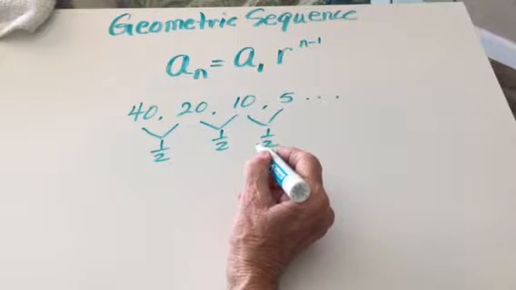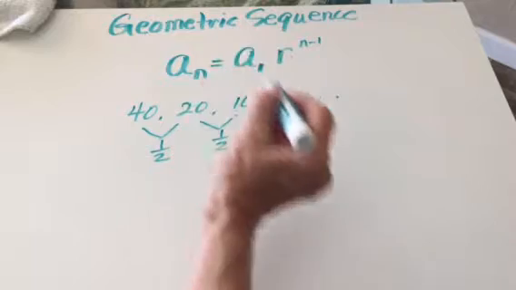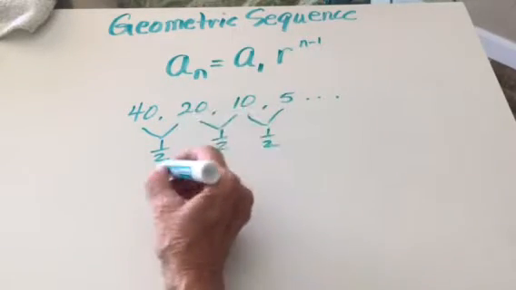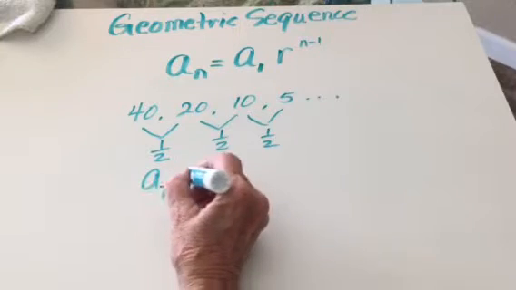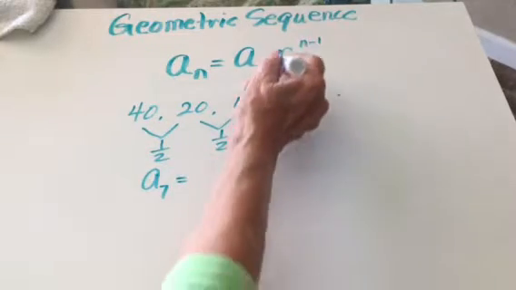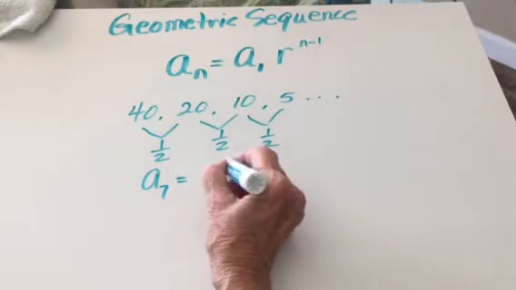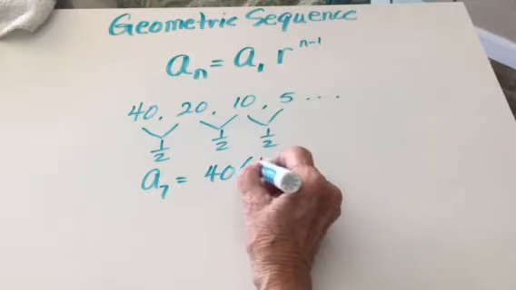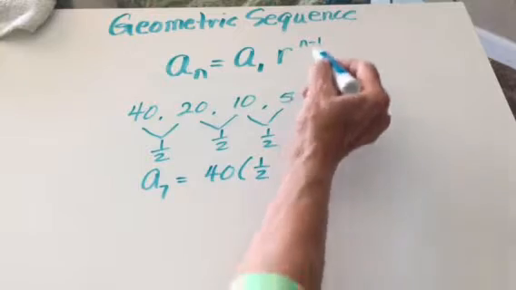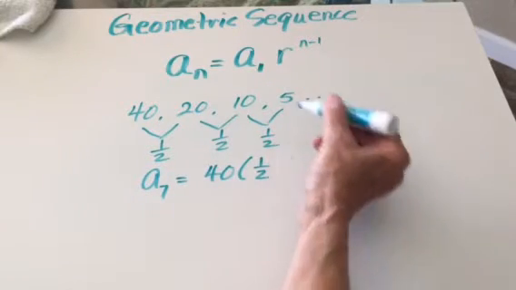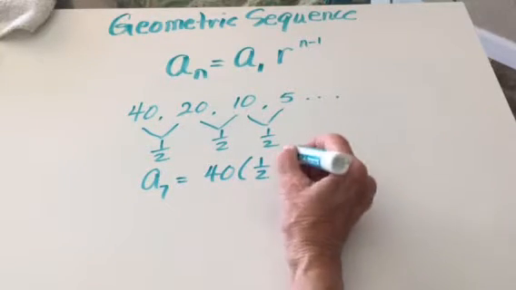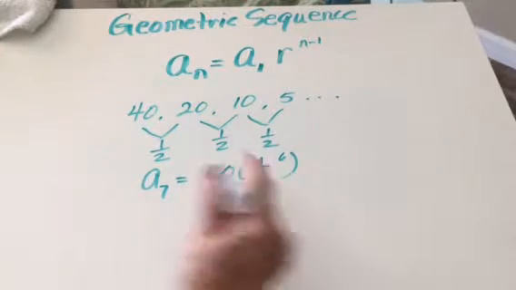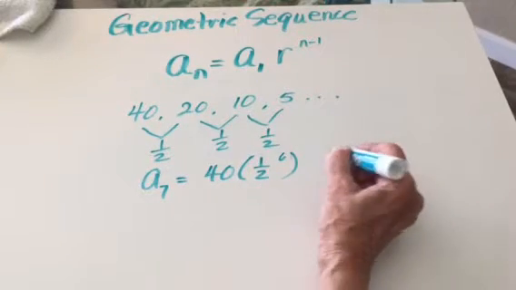All right. What if I want to find, let's say, the 7th term. So a sub 7 equals a sub 1, which is 40, times the ratio, which is 1/2, to the what? 7 minus 1. Isn't that just 6? And by the way, isn't 1/2 0.5?